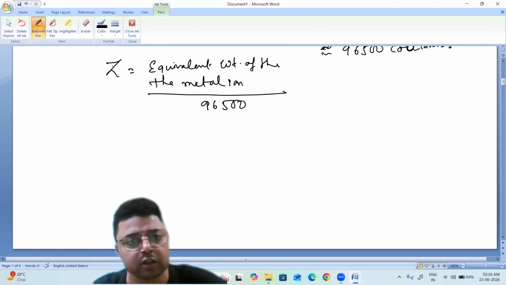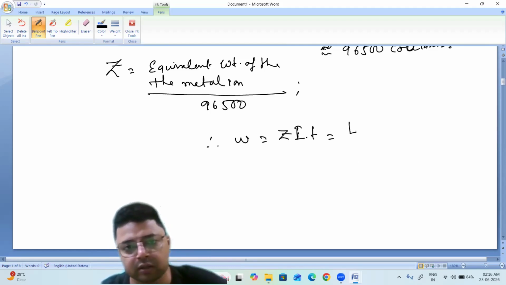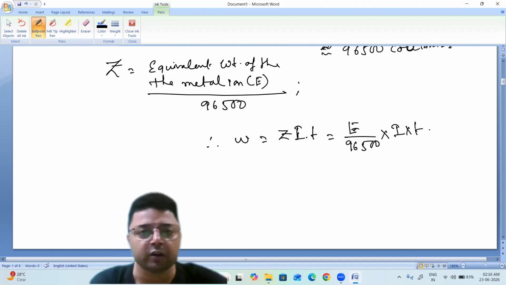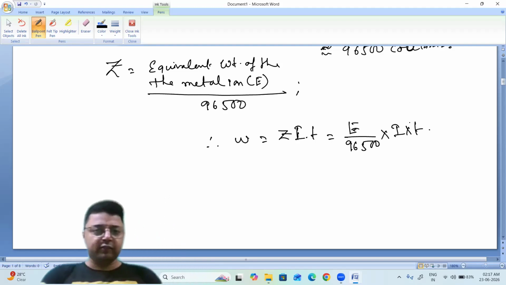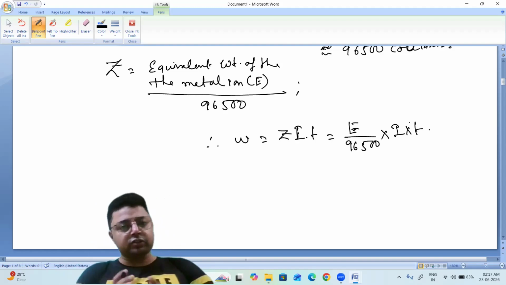So this will be your electrochemical equivalent. Therefore, we can write W equals ZIT, or W equals E by 96500 times I into T. This is Faraday's first law of electrolysis.